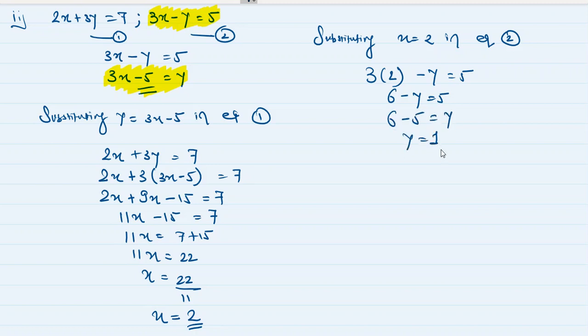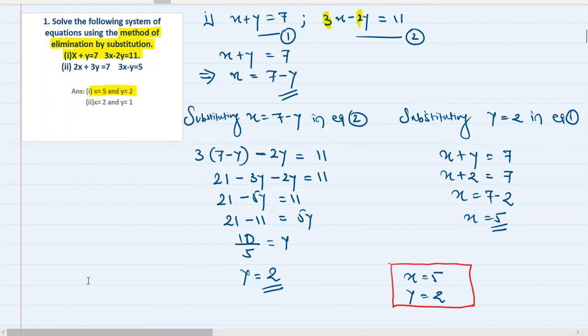So y is equal to 1. Correct? So our solutions for the given equations are x is equal to 2, and y is equal to 1. x2, y1. I hope you understood the method of substitution. Okay, x2, y1, absolutely correct. Now we are ready to move ahead.